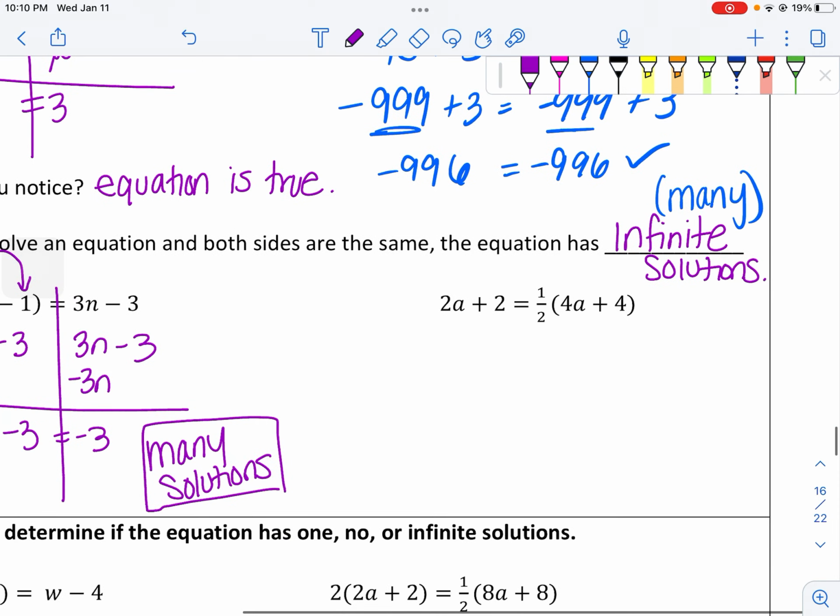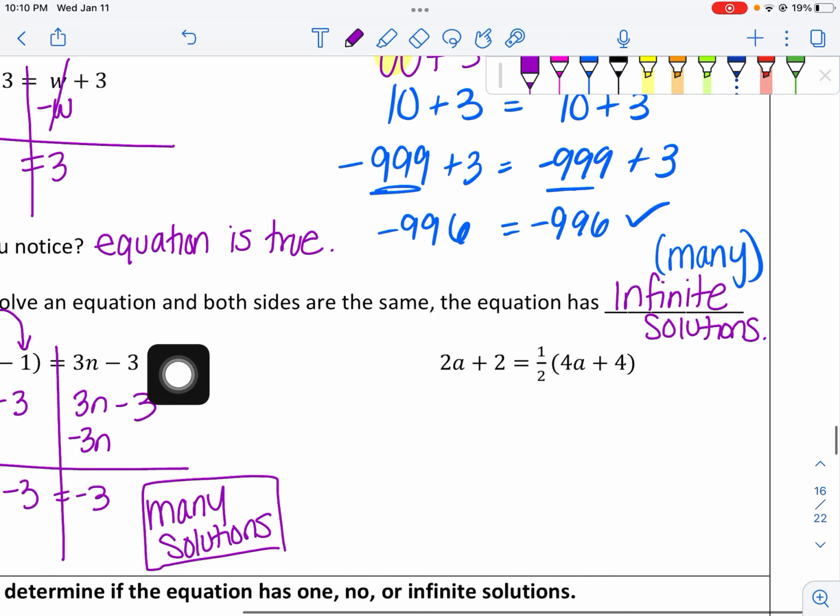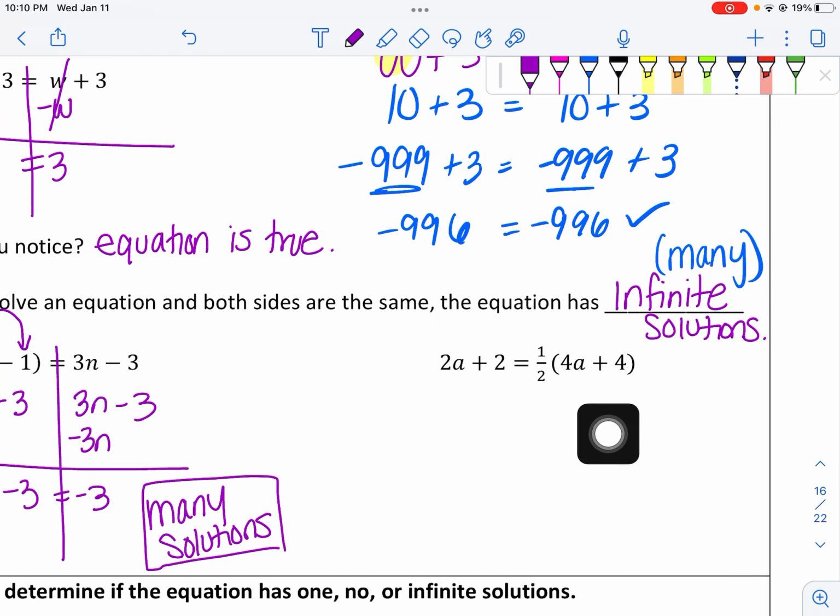Here's one more, many solutions. So these are actually the same equation over here, but they don't look the same right away. And so we can start by solving. We can distribute that 1/2 through. So you're going to get 4 times 1/2 and 2 times 1/2.